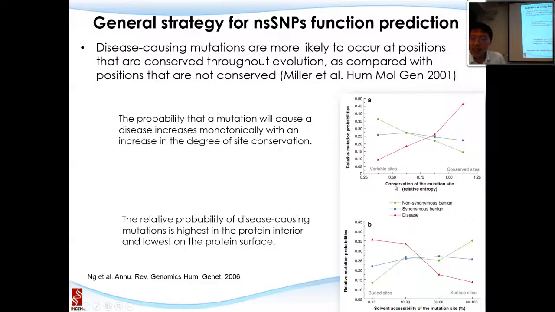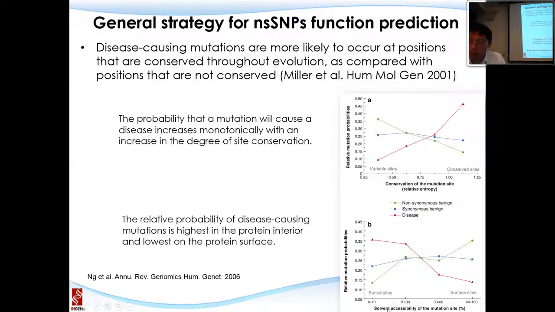X here is the conservation. You can see that disease-causing ones tend to have a much higher conservation across multiple species. This is in line with what I told you in the earlier slides. So there is an evolutionary conservation that we need to look at.